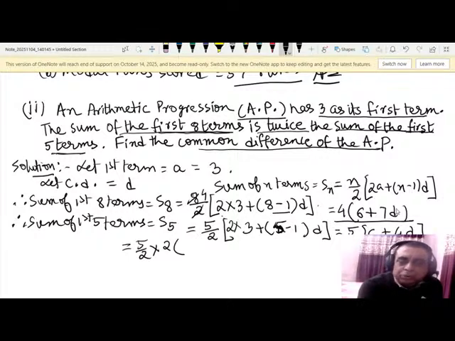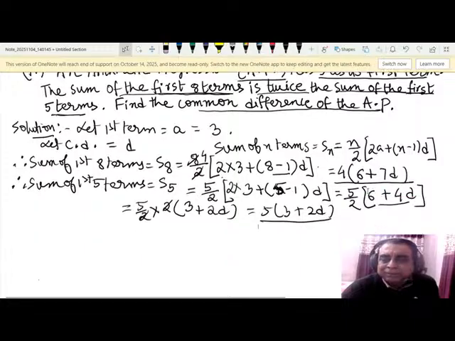So divide both the terms by 2. 6 divided by 2 is 3 and 4d divided by 2 is 2d. So you cut 2 and 2 from the top and bottom. So it is 5 times 3 plus 2d. That is the value of the sum of the 5 terms in the form of d.